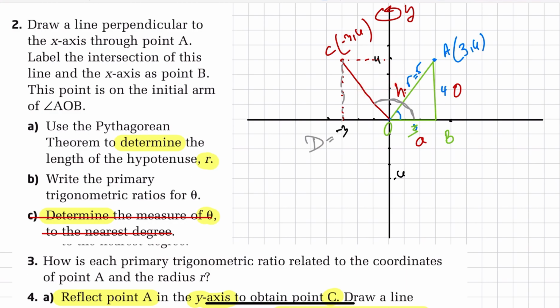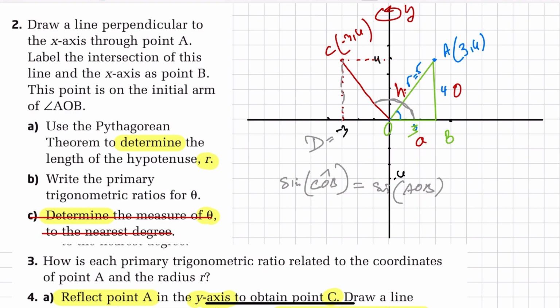So they have the same y distance and the same radius. That means they have the same sine, sorry. So the sine of my new angle, which I can call COB, is equal to the sine of my angle AOB. Same thing.